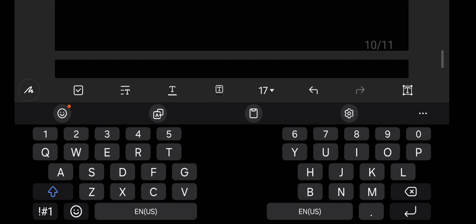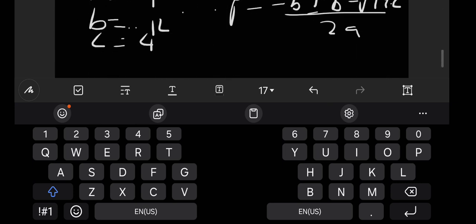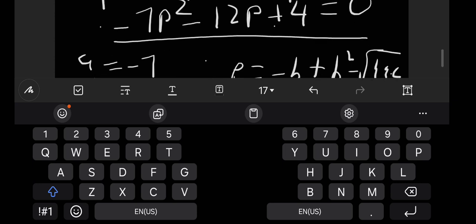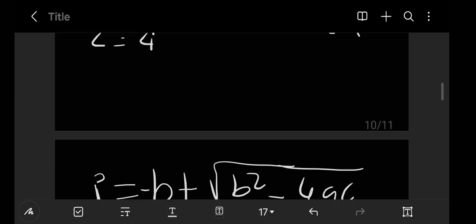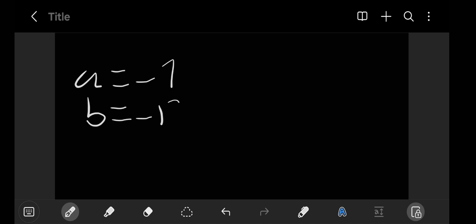So the values that we had were negative 7, negative 12 and 4, okay? So we had a to be negative 7, we had b to be negative 12, and we had c to be positive 4, right? Then from there we're going to substitute this into our formula.